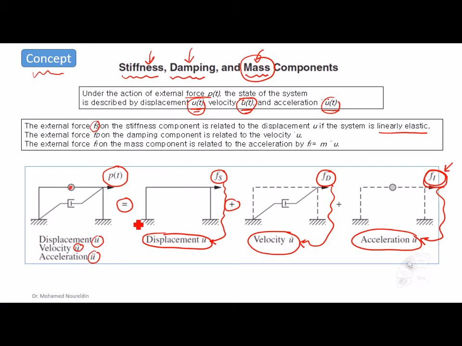Then this system is going to be equivalent to three different systems. The first is related to the elastic force, which can be mapped to the displacement. The other system is the damping force, which can be mapped with the velocity. And the last one is the inertia force, which is mapped to the acceleration of the system.